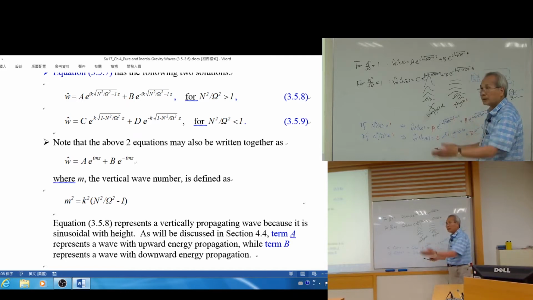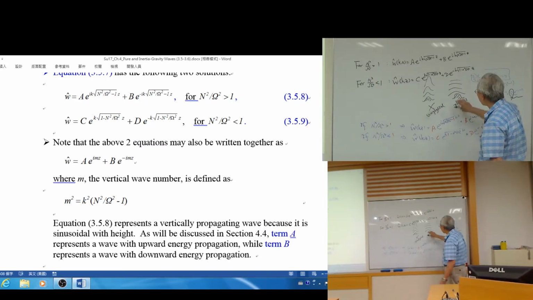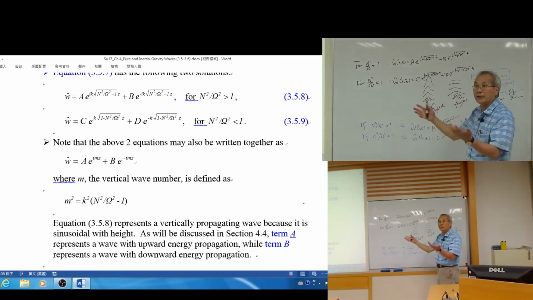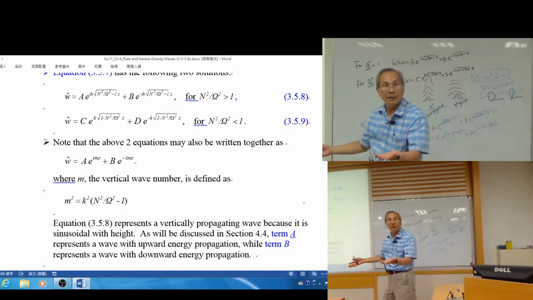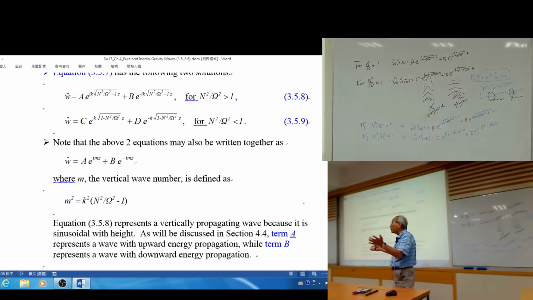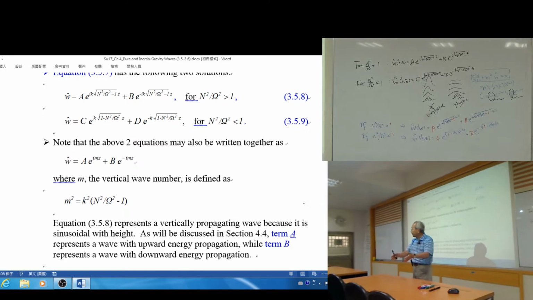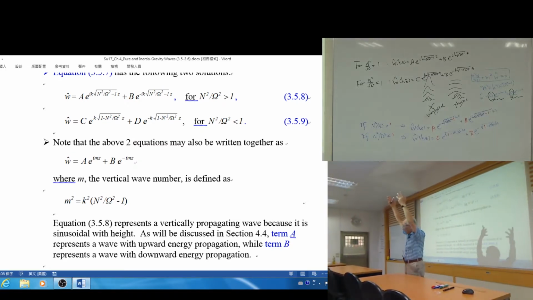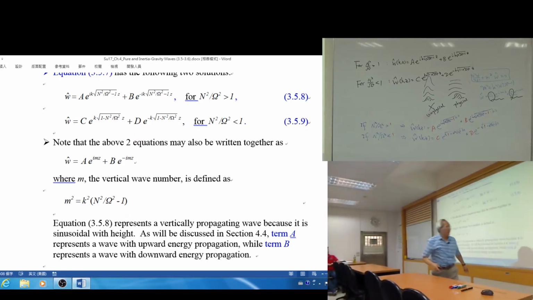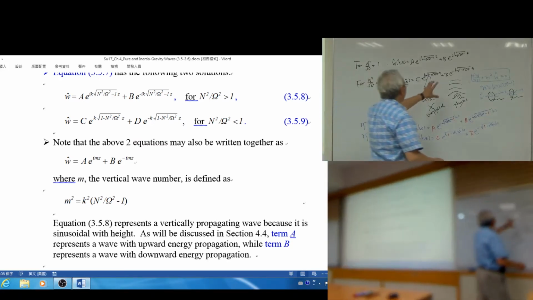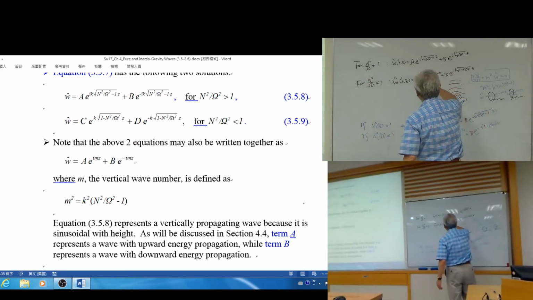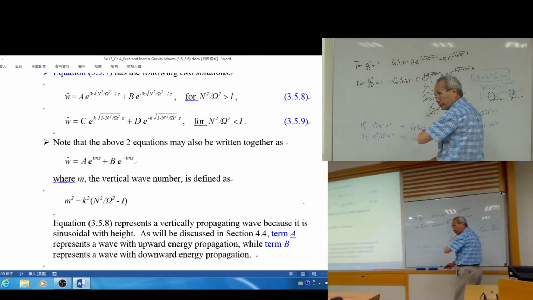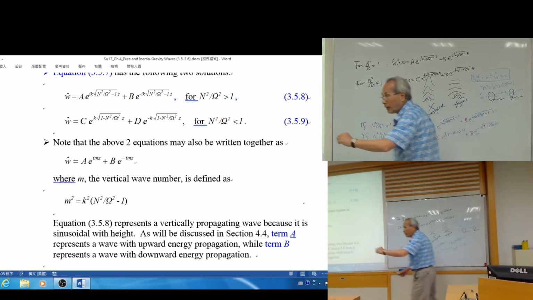If it's a disturbance from the mountain, because it is decaying here, amplifying is impossible. We are talking about dry flow over the mountain, right? So how can a solution amplify vertically? So this is unphysical for flow over mountains.